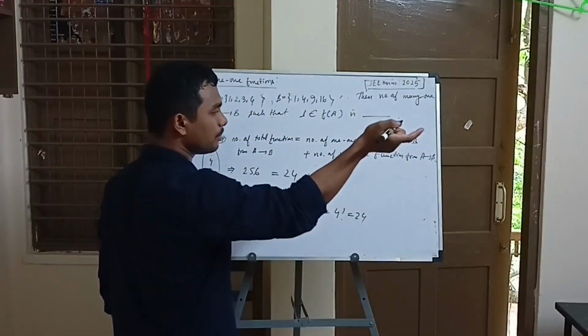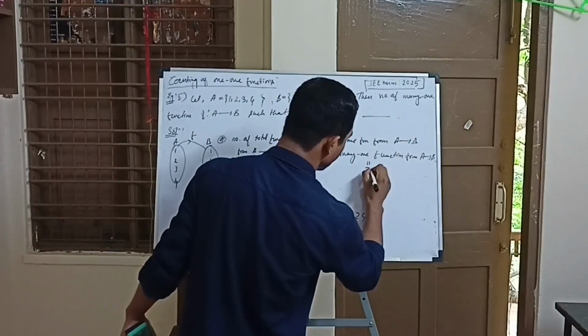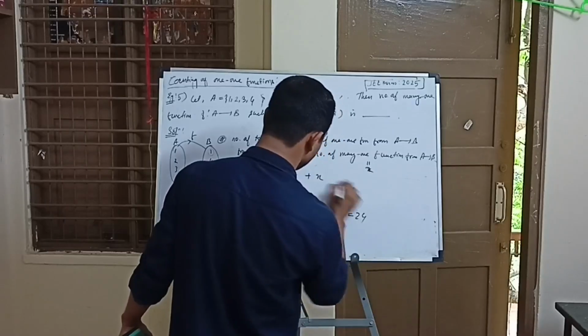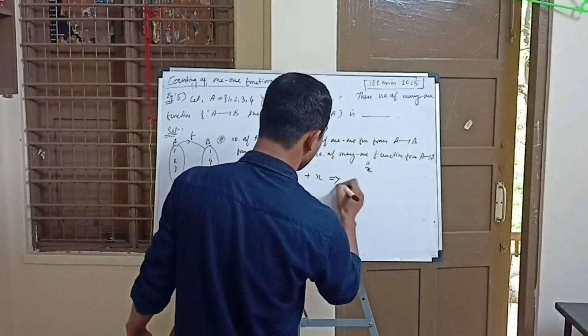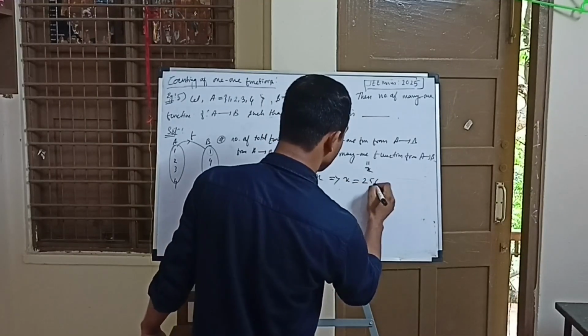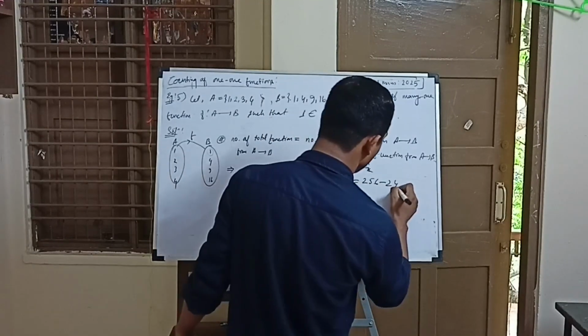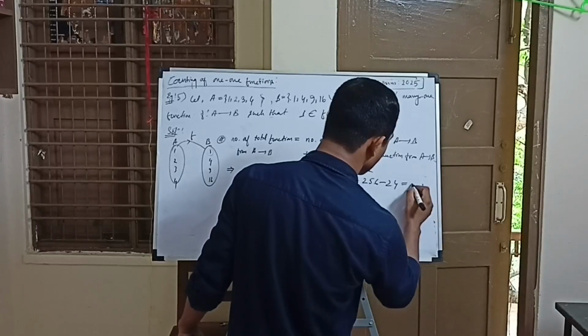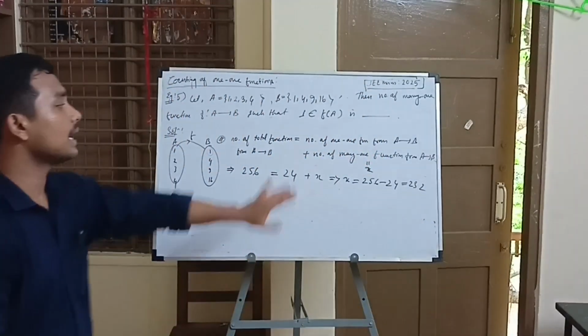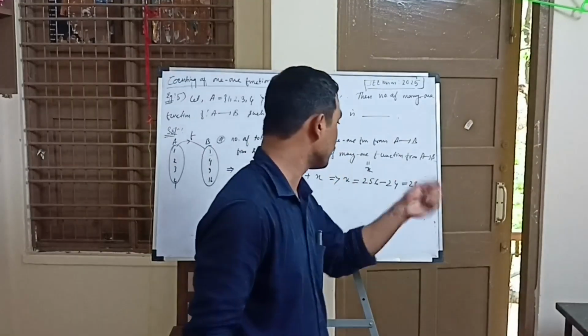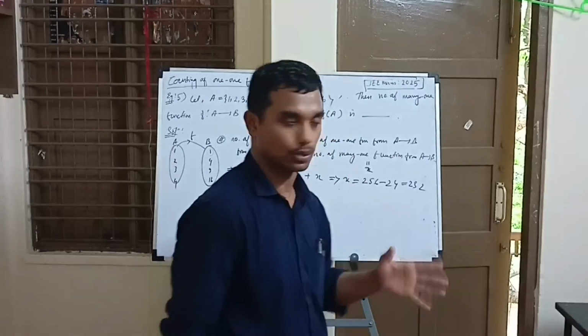Let x be the number of many-one functions from A to B. This is x. What is the value of x? The value of x is 256 minus 24. What is it? 232. The number of many-one functions from A to B is 232.